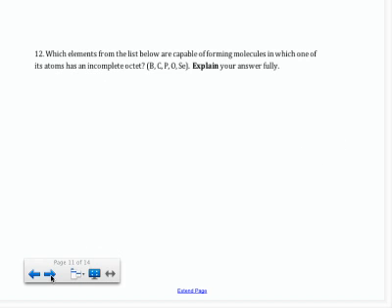Which of the following is capable of forming an incomplete octet in its molecule? Well, if you look at just the elements by themselves, boron has 3 valence electrons. Carbon has 4. Phosphorus has 5 valence electrons.